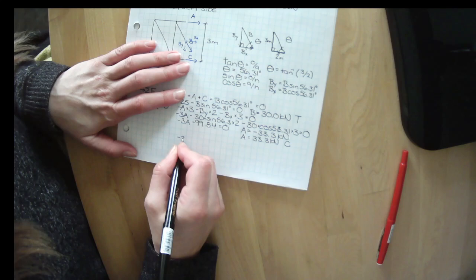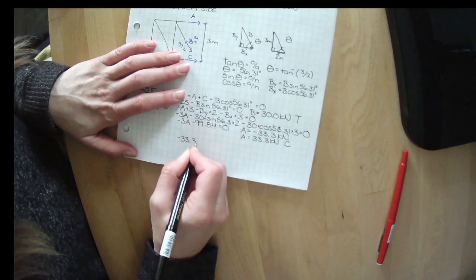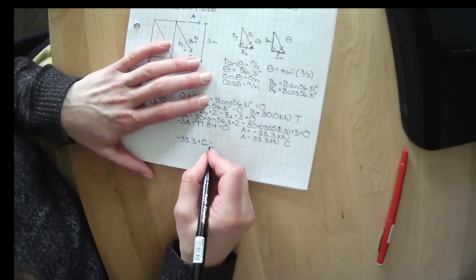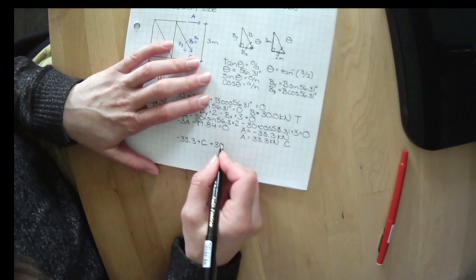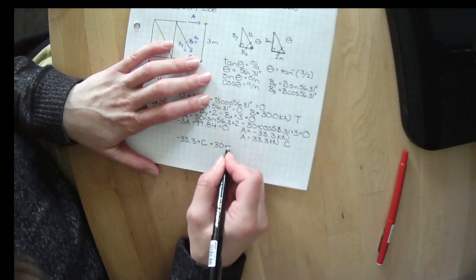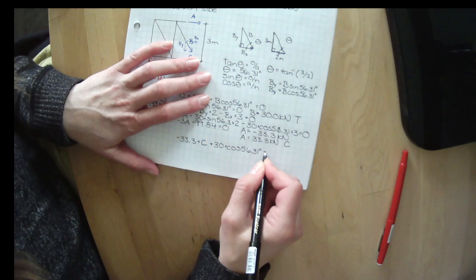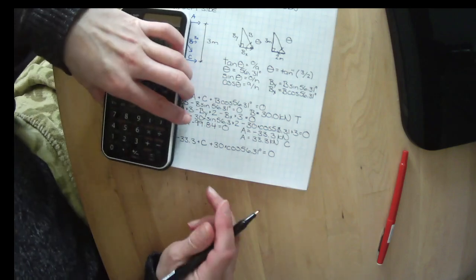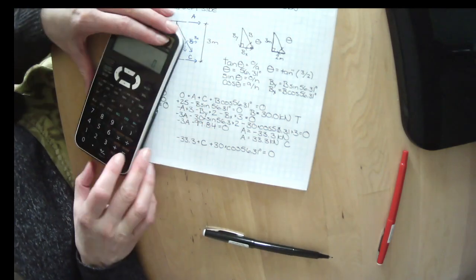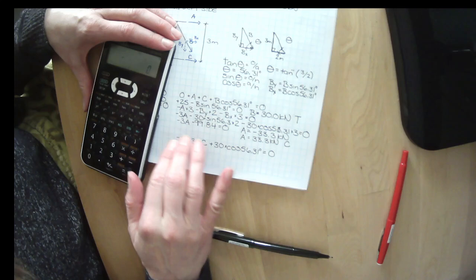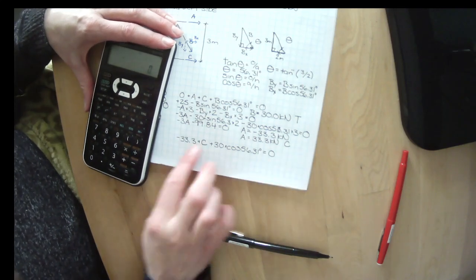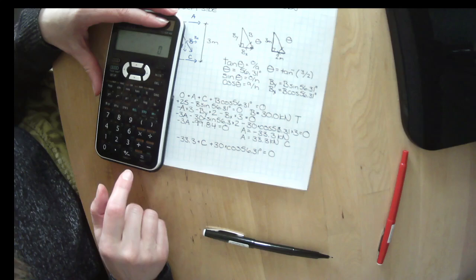So I've got minus 33.3 plus C, which is my unknown, plus B, which I know is 30, times the cosine of 56.31 degrees equals 0. I can rearrange this and solve for C. I can bring this over here and it's negative, and bring that over there and it's positive, and I should be able to solve for C.